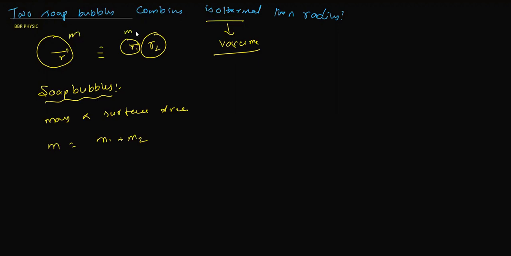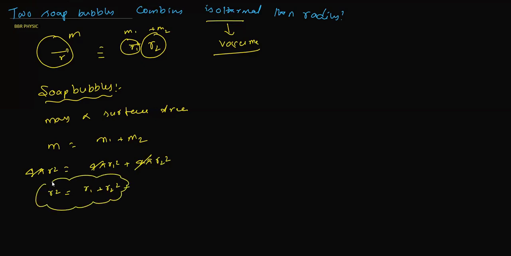The surface area of the new one is 4 pi r square. So 4 pi r square equals 4 pi r1 square plus 4 pi r2 square. The 4 pi gets cancelled. R square equals r1 square plus r2 square. This is the answer for this question.